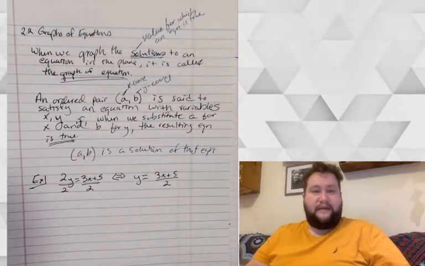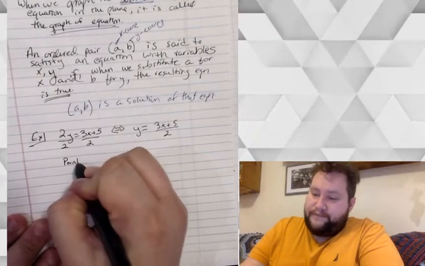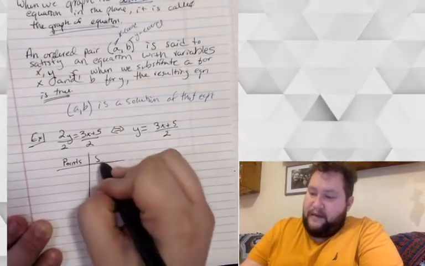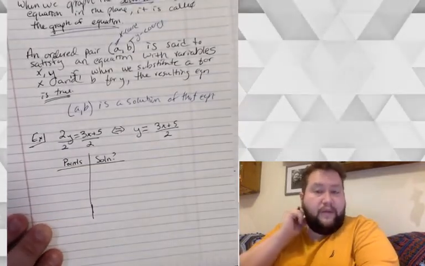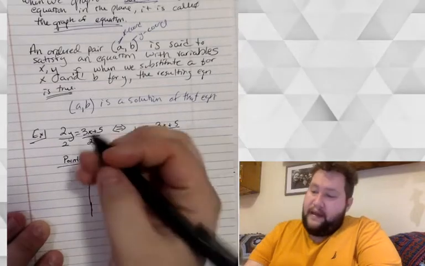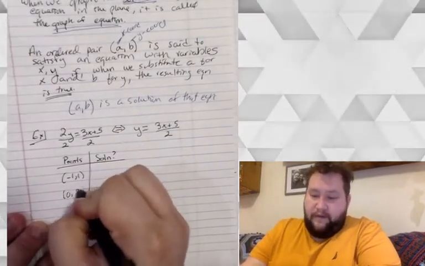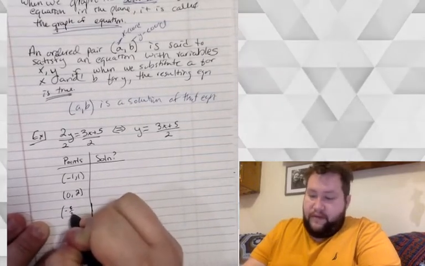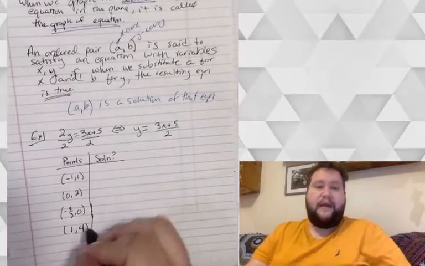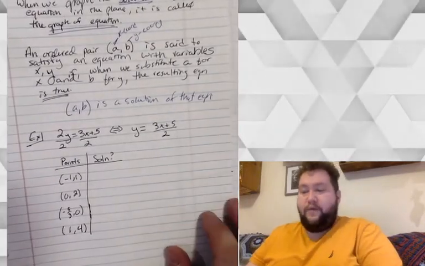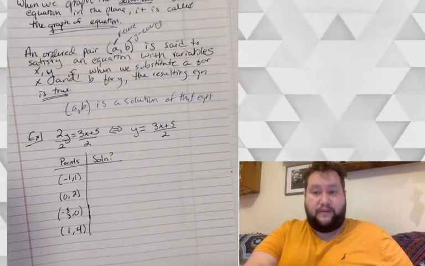And we'll just go ahead and leave it in that form. So here are a couple examples. So we have points, and then is it a solution? I'll give you the 4 points, and then if you want to go ahead and pause and try these, we'll come back. But (-1, 1), (0, 2), (-5/3, 0), and (1, 4), right? And so here we have 4 points, and we want to check to see if they are solutions to this equation.